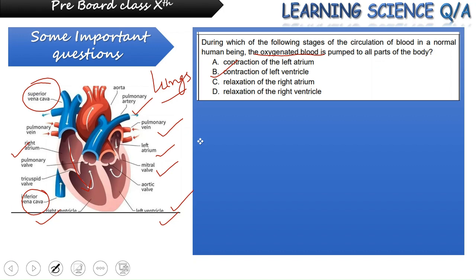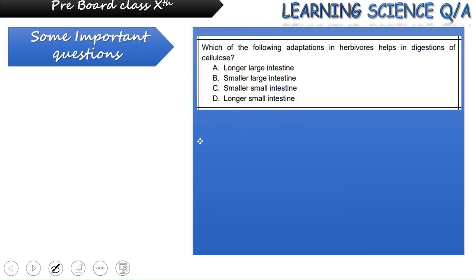Coming to the next question. Which of the following adaptations in herbivores helps in digestion of cellulose? We are aware that herbivores have a different eating habit than most of the carnivores as well as humans.